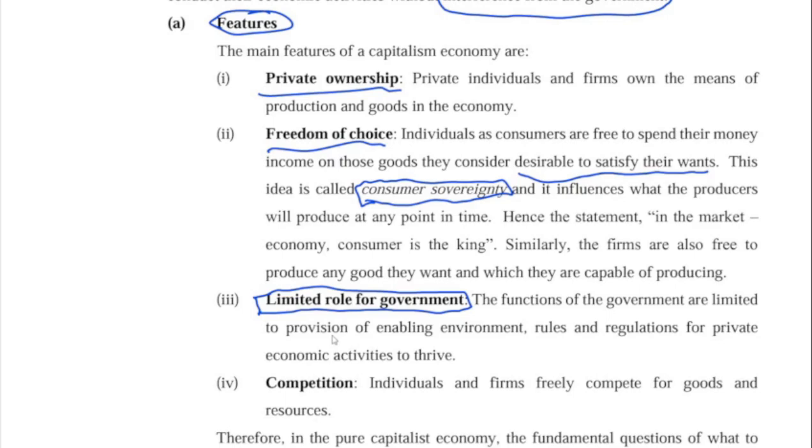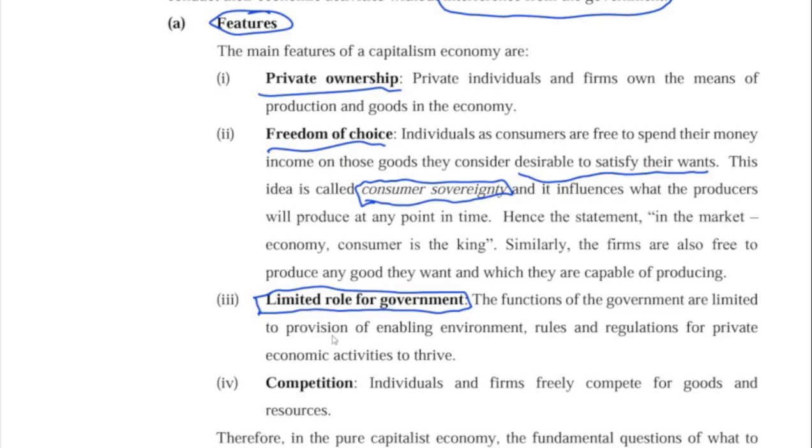So give us good roads, give us electricity, and give us rules and regulations that will allow us to thrive. Then we can produce whatever we want to produce based on what people are demanding. So that's the limited role of government.